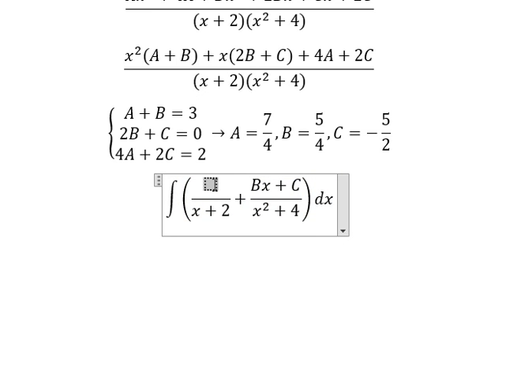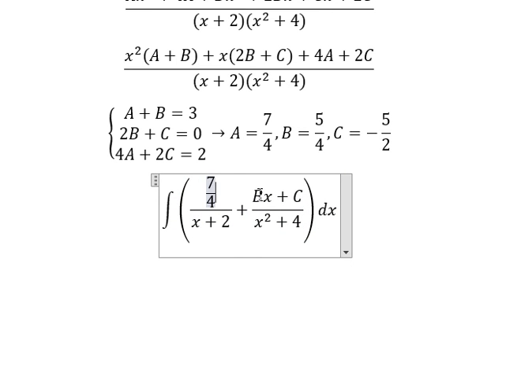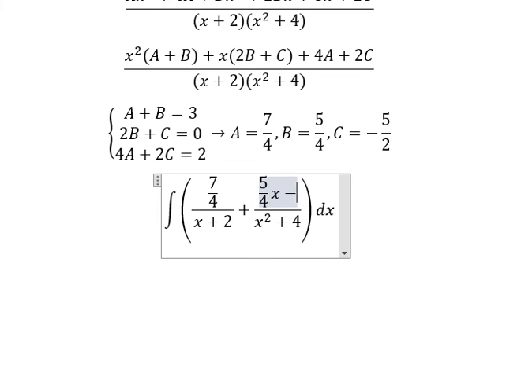So A is 7 over 4, B is 5 over 4, C is negative 5 over 2.